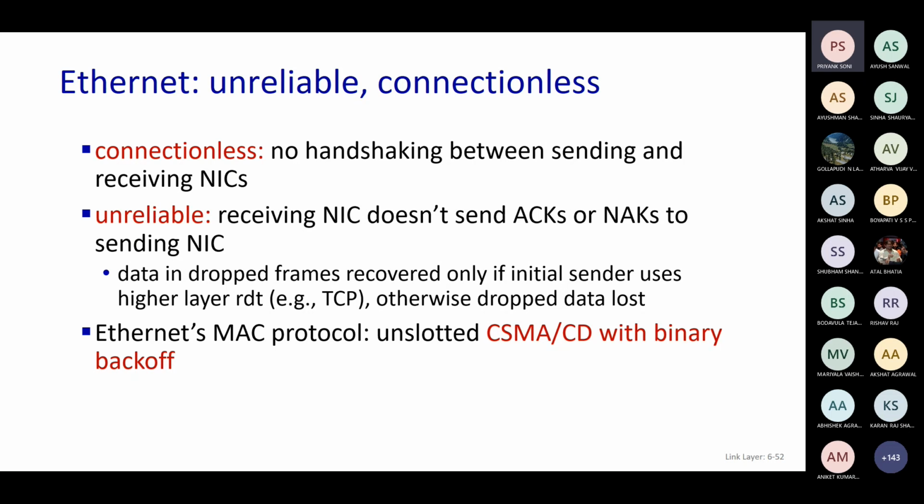What is CSMA CD? It is carrier sense multiple access with collision detection. And if we do collision detection, it's always better, right? Because you are detecting that there's a collision and then stopping from further transmission. Now Ethernet is using CSMA with collision detection.